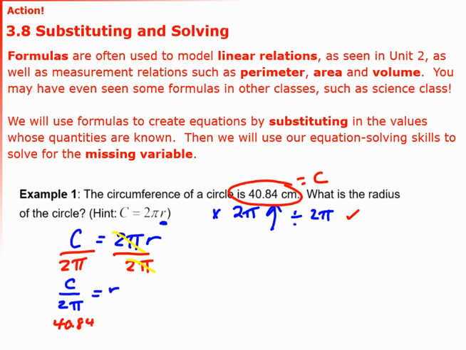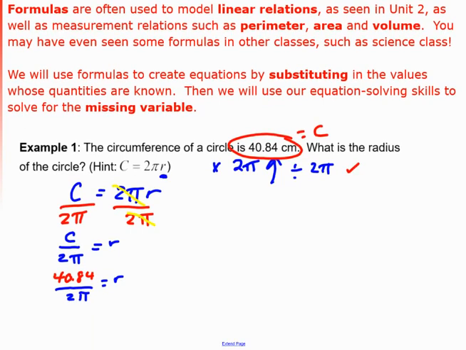40.84 divided by 2 pi equals r. All right. Well, I don't really want you to use just 3.14, so I really encourage you to use the pi button. On most of your calculators, you can punch this in as one step. I would punch it in your calculator screen like this.